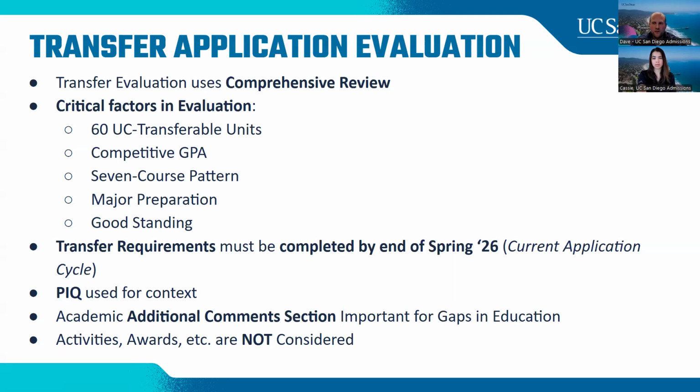We balance all these factors together in making our decision, and we don't really favor one over the other. How we approach evaluation of transfer applications, however, is much different. So Cassie, could you talk about how we evaluate transfer applications and some of those key differences between transfer evaluation and first year? Yeah, thanks, Dave.